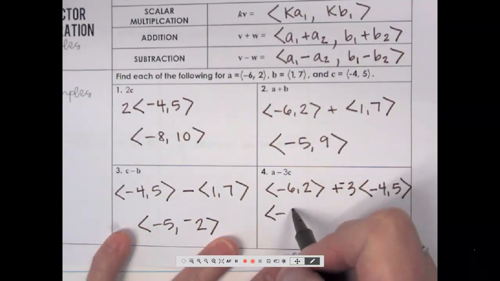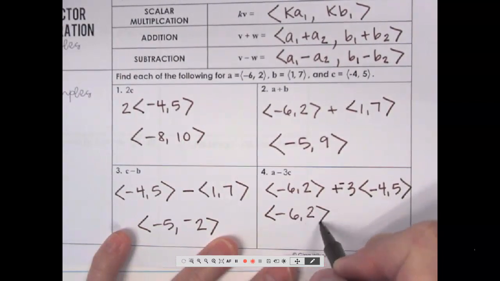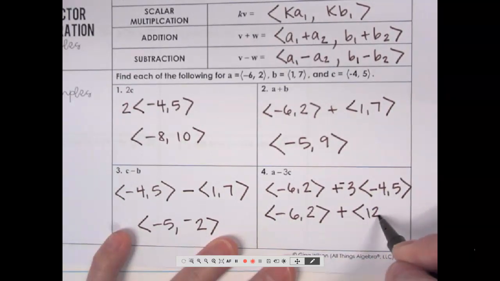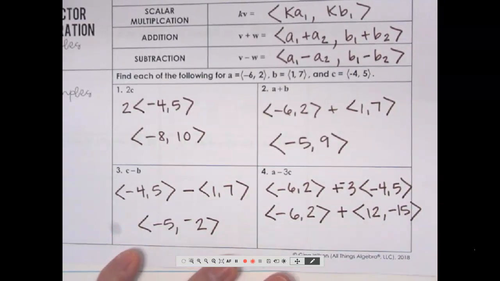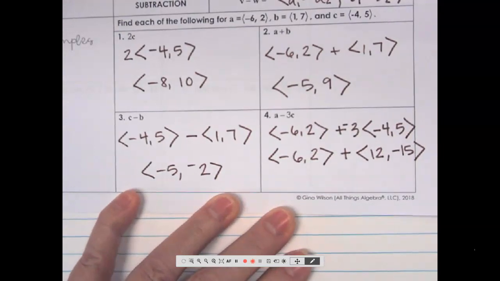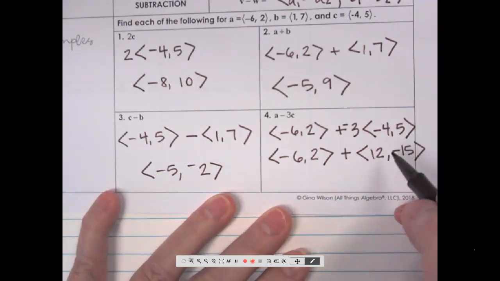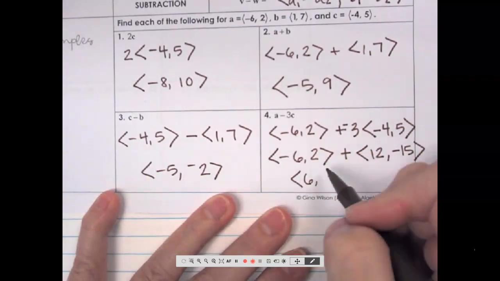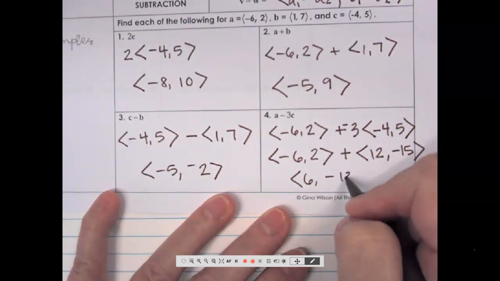So I would still have the negative 6, 2, but plus, now I'm going to multiply by the negative. So that becomes positive 12 and negative 15. And then I can add them, because I already dealt with the negative, so I don't need to subtract now. Negative 6 plus 12 is 6. 2 plus negative 15 is negative 13.